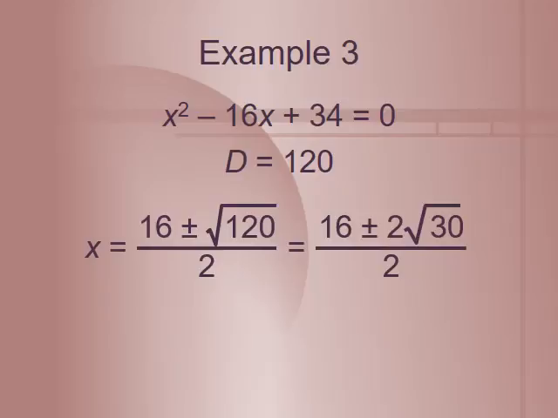And if we go ahead and simplify our radical, we end up with this. We can do some reducing though, because this is a fraction and everything is made of even numbers. We end up with 8 plus or minus the square root of 30.